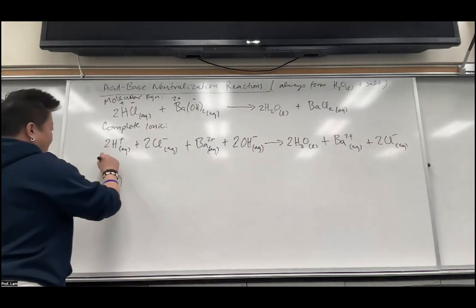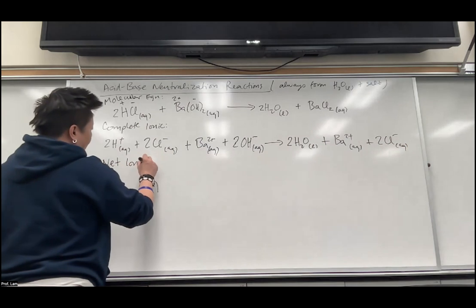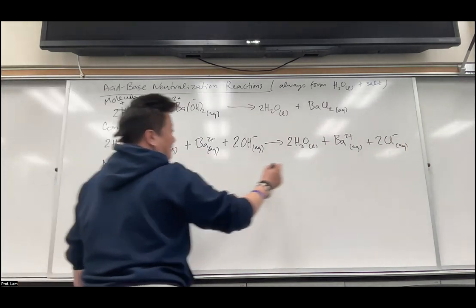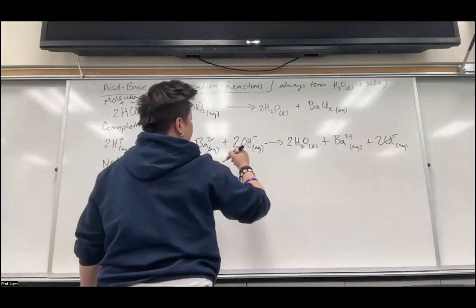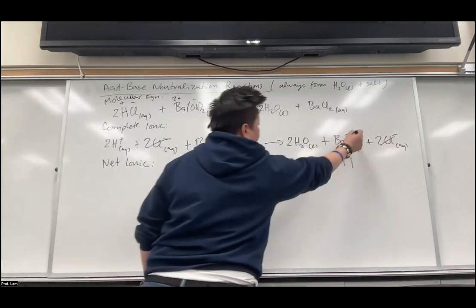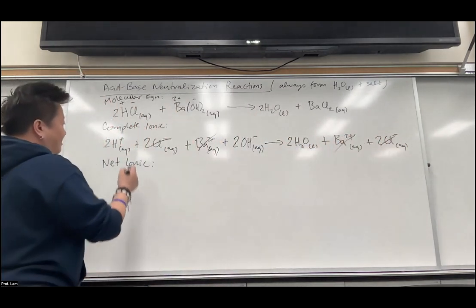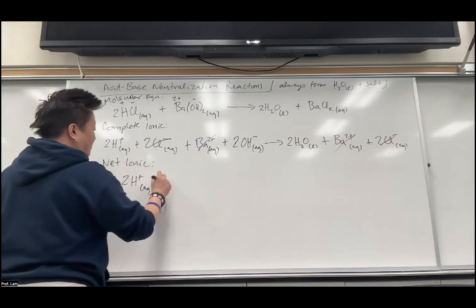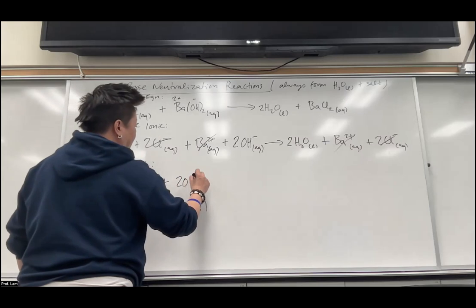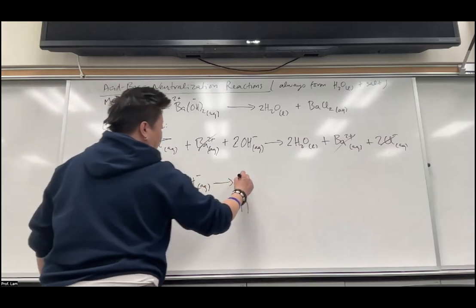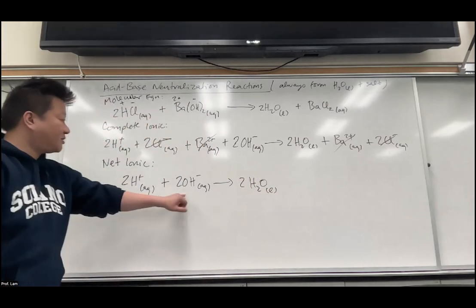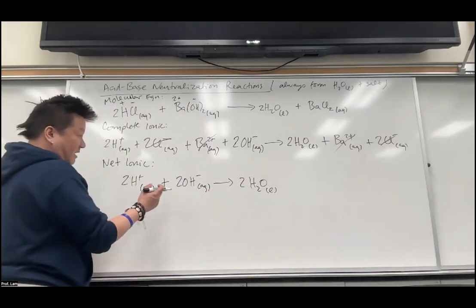And then for the net ionic, all I need to do is cancel things that occur on both sides. Chloride and barium. So what do I have left? 2H plus aqueous plus 2OH minus aqueous goes to 2H2O liquid. But notice these 2's can just get divided.